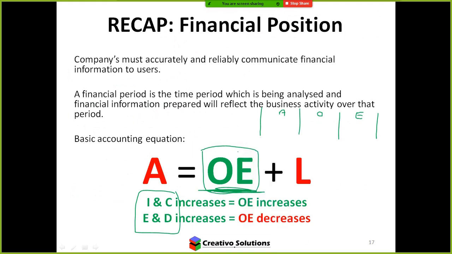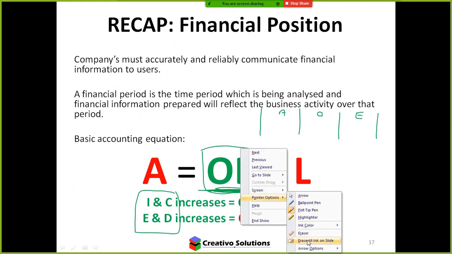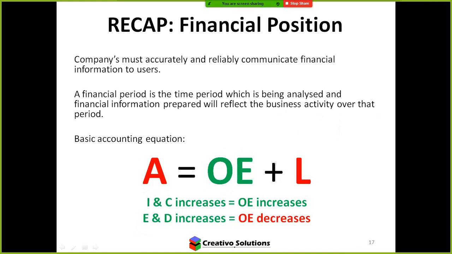Coming back to this, I've highlighted the A and the L. Those 2 are covered in the statement of financial position because if we rearrange, the owner's equity can be calculated using the difference between your assets and liabilities. Let's have a look at this individual. If this individual has 5 million in assets, but 6 million in liabilities, good or bad position?